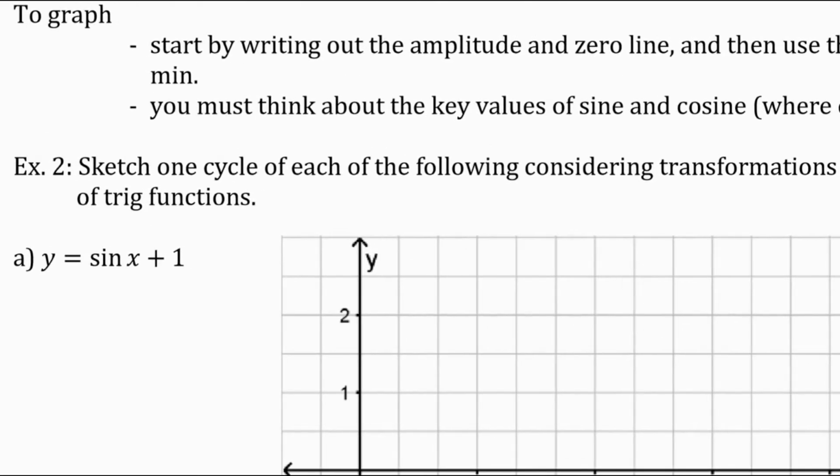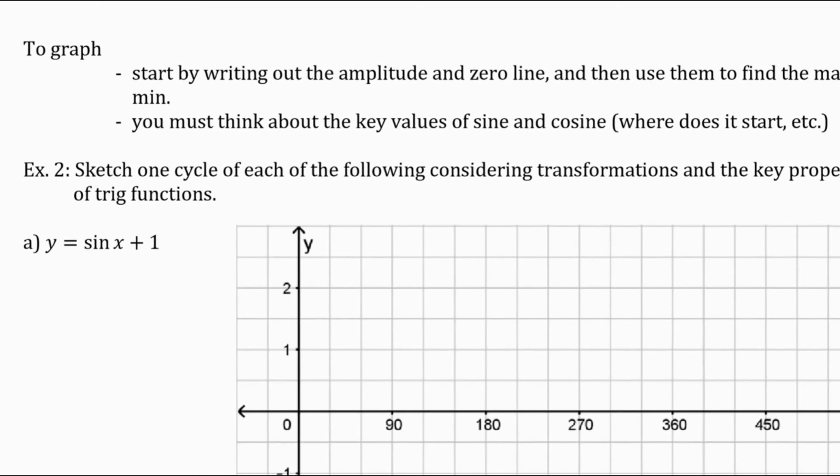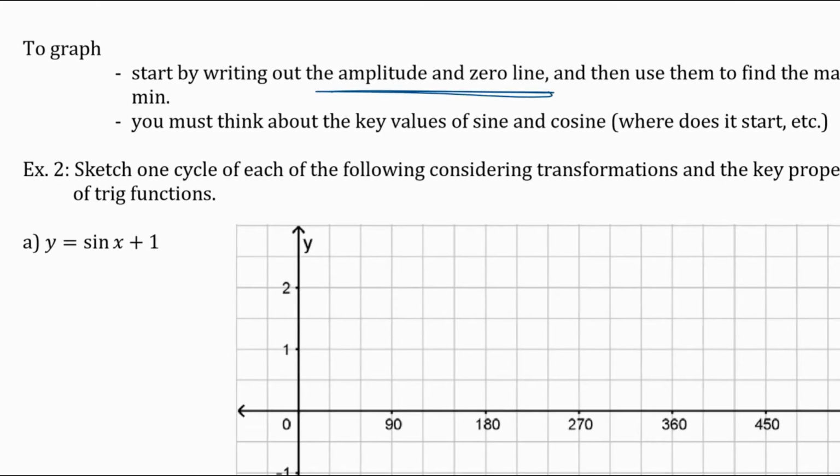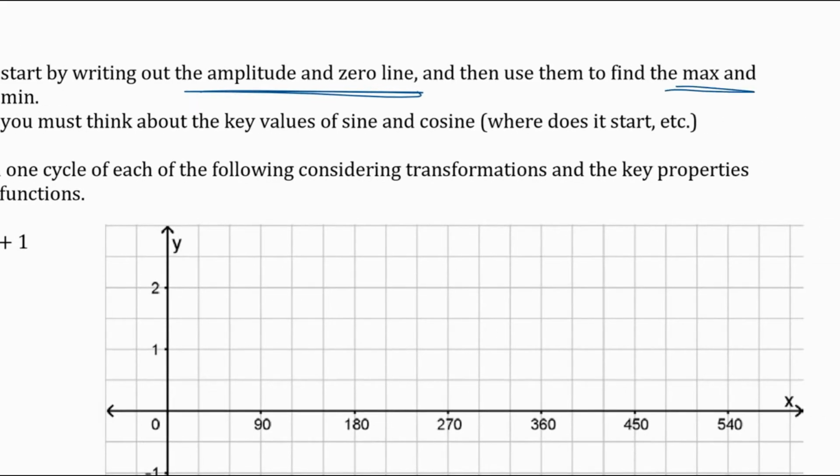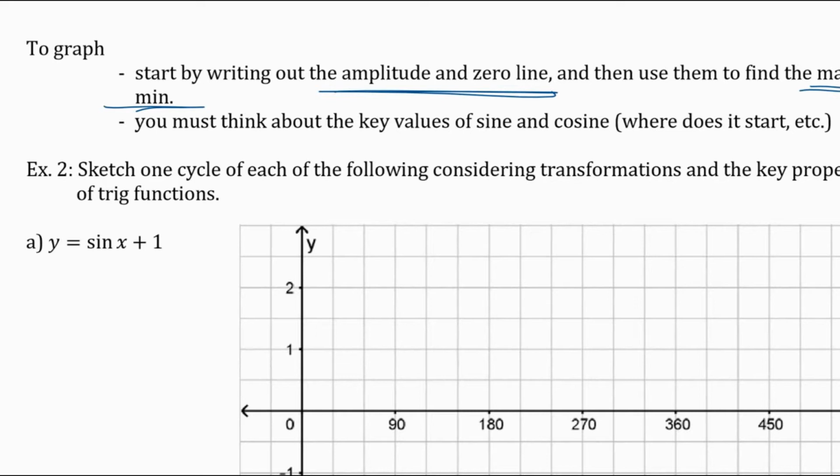For today, we start by writing out the amplitude and the 0 line, and then using those 2 things to find the max and the min. Once we have the amplitude, the 0 line, and the max and the min, we have to think if we're graphing sine or cosine and what those 5 key points are.